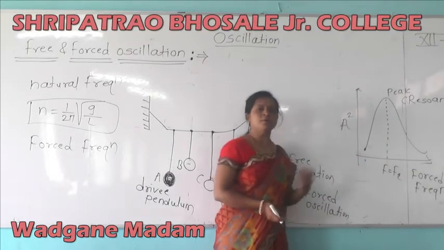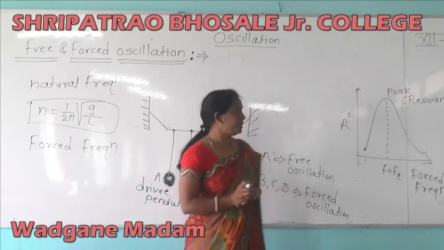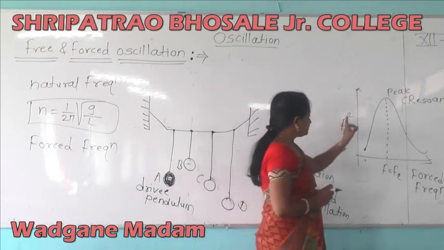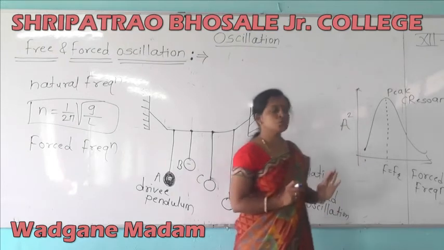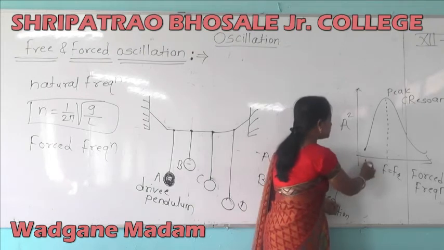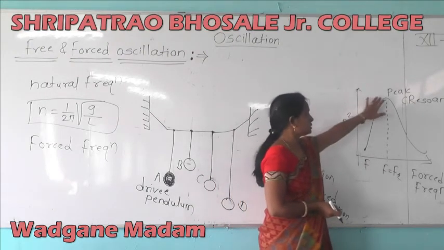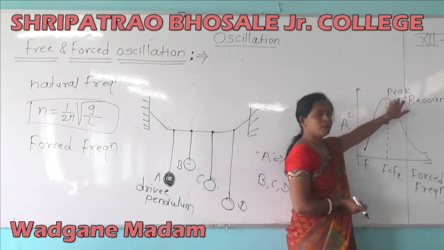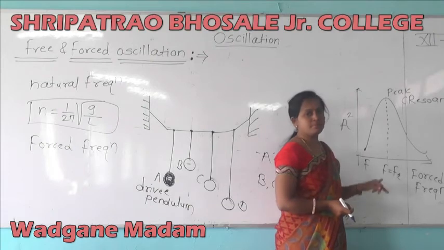If the activity is repeated for the set of pendulums and we plot the graph of the square of amplitude against the natural frequency, then a peak occurs when the forced frequency is equal to the natural frequency.